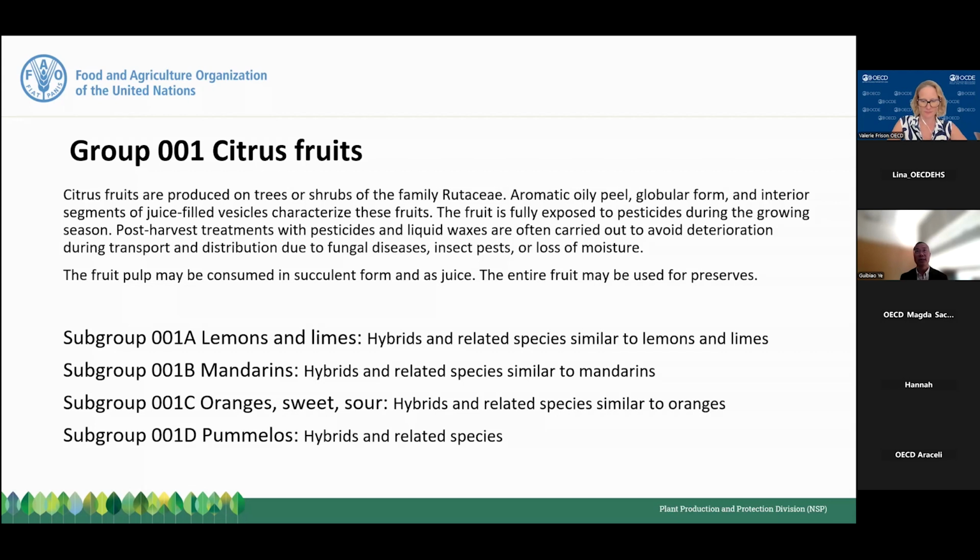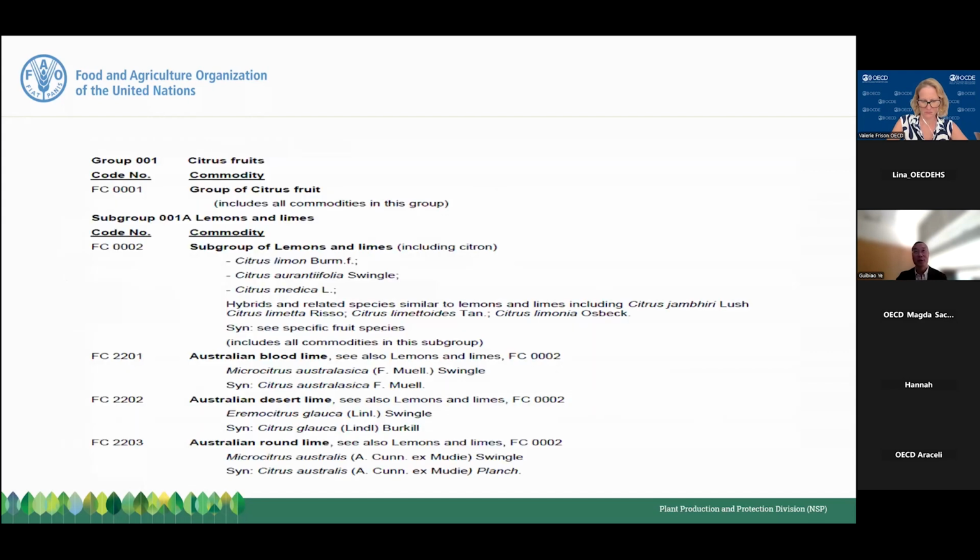This information, as said, is very important in the dietary exposure assessment. For example, this group, citrus fruits, is divided into several subgroups. We have subgroups A, B, C, D. Subgroup A is lemons and limes, B is mandarin, C is orange, sweet, sour, and D is pummelo. Then for each subgroup, we have a group number and then commodity name, with the scientific name for each commodity, and for each commodity, we have the code number.